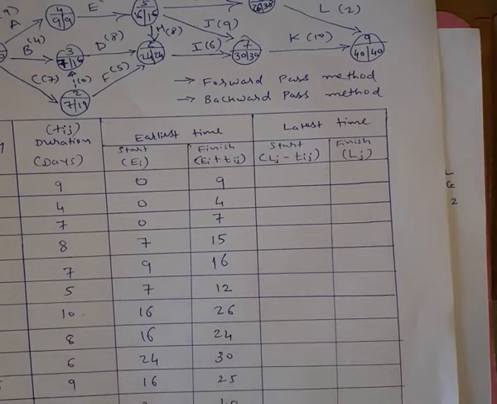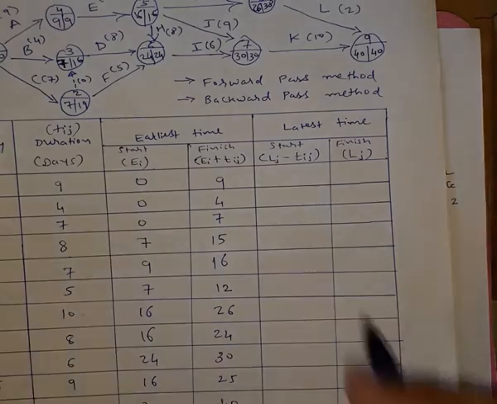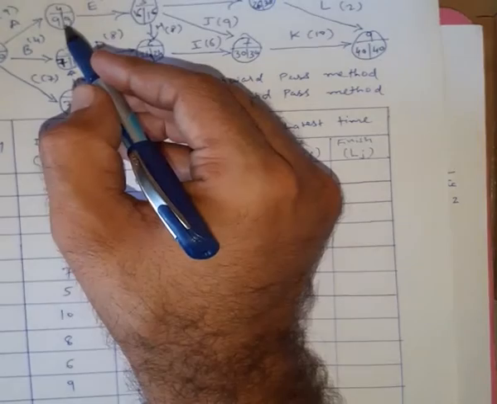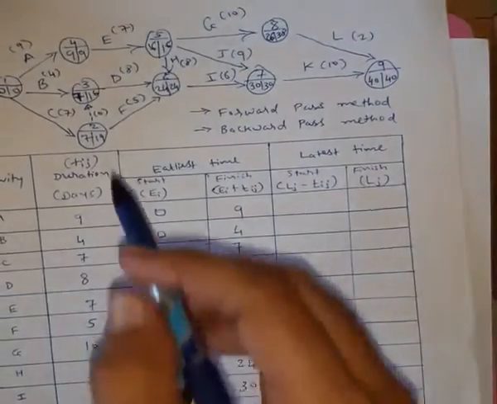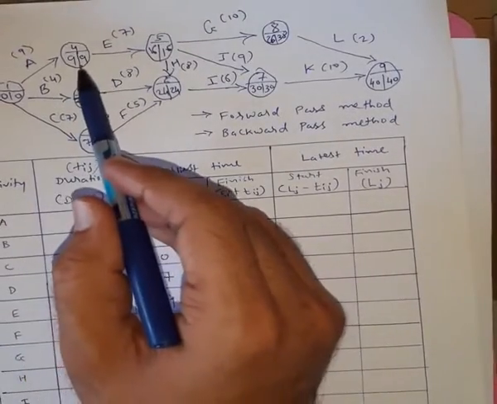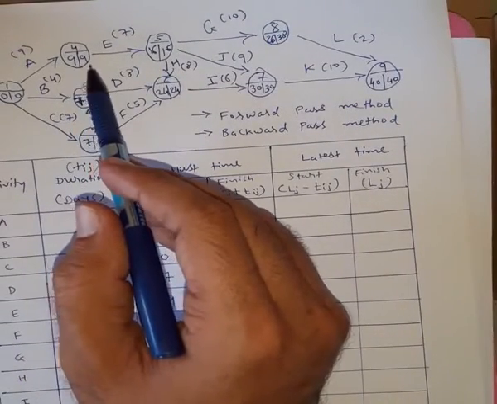So how can we find the latest finish time? Let us find it. The value that is shown at the right side of the partition will give you the latest finish time.